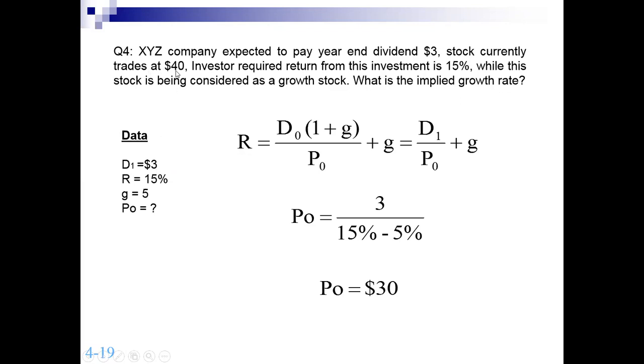Currently the stock is trading for 40. I think the question is a bit mixed, so rather than working on this question, I'm skipping this slide. We will see later how we work on this one.